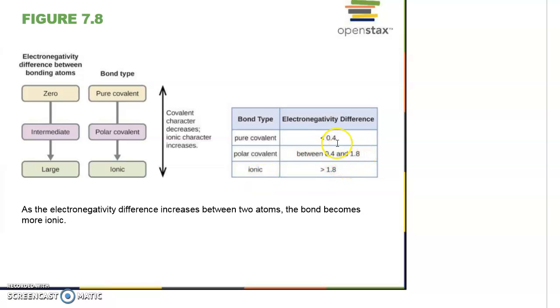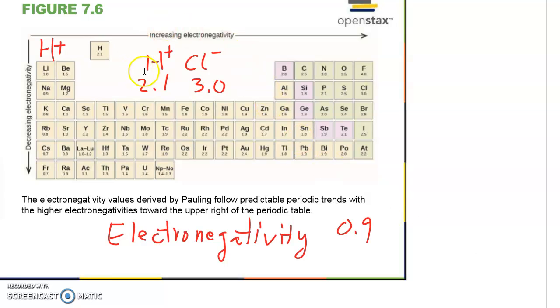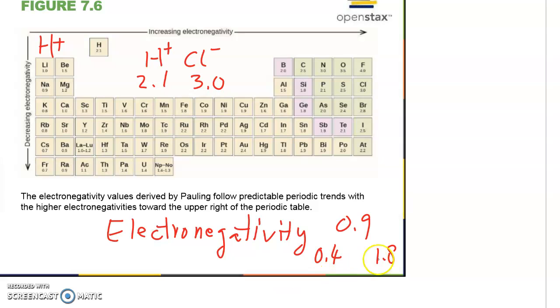Anything between these two numbers, between 0.4 and 1.8, is considered a polar covalent bond. So let's look back here. HCl is 0.9, so it is between 0.4 and 1.8, and therefore it is considered a polar covalent bond.